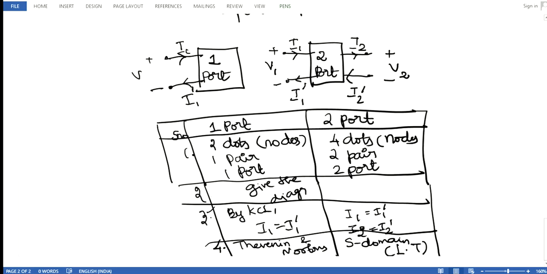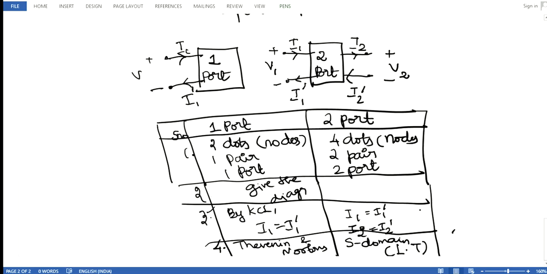And what about your two port? I1 equal to I1 dash and I2 equal to I2 dash. And fourth one, we can tell that if the problem comes under one port, we can solve by using Thevenin and Norton's theorem. And for two port, it can be solved by using S domain. Clear? So now we have seen the basic differences between one port and two port networks.